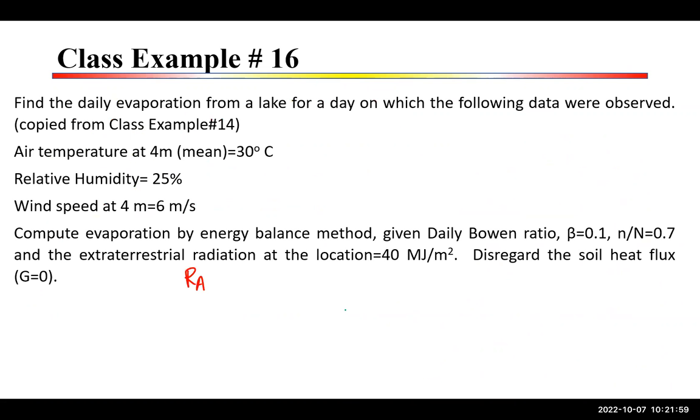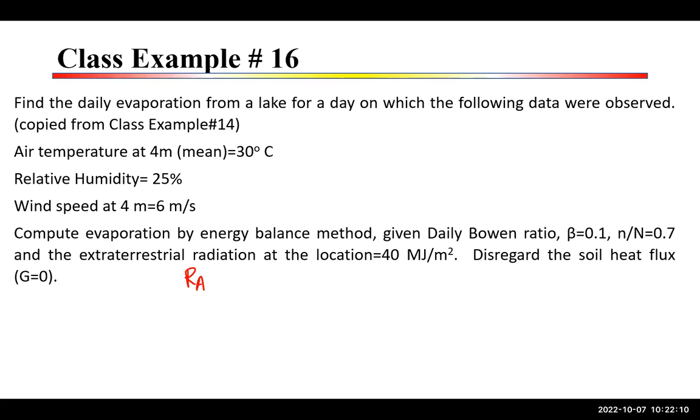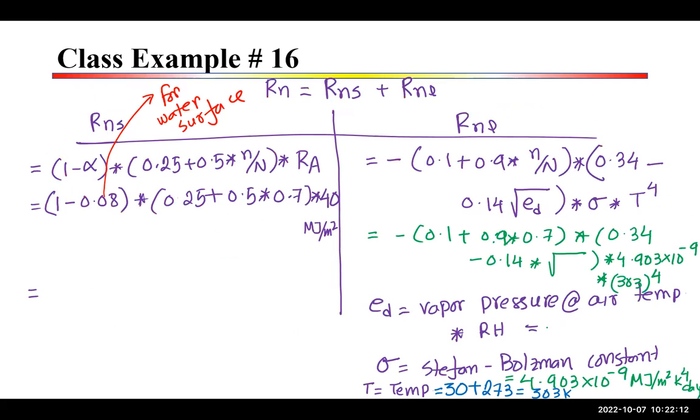Okay. So I will go to table 3.2 for 30 degrees. What is the saturated vapor pressure? 4.243. Okay. So 4.243, and what is the relative humidity? So 0.25.